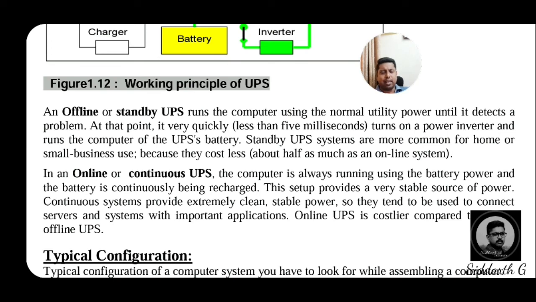The online UPS supports higher capacity, because it has a battery, a power supply and extra equipment. That's why cost wise the online UPS will be double the offline UPS.